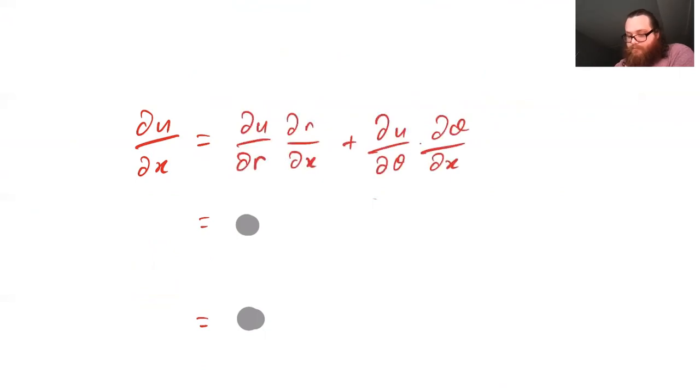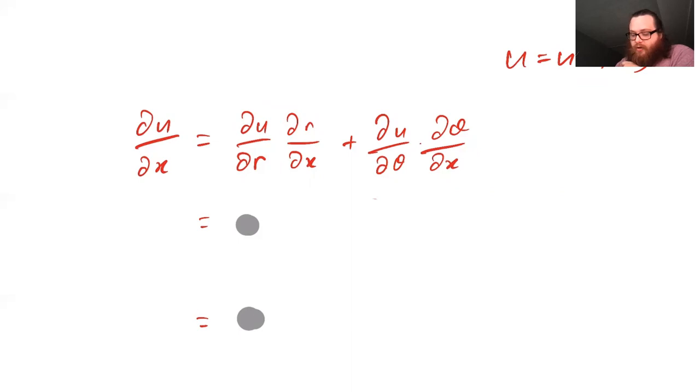Remember, u was a function of r and theta, and r and theta were functions of x and y. So if we want to know how u changes with respect to x, first we need to know how u changes with respect to its first argument, which is r. That's this derivative. And we also need to know how this first argument changes with respect to x. That's the second piece.